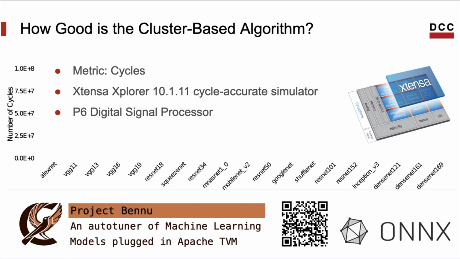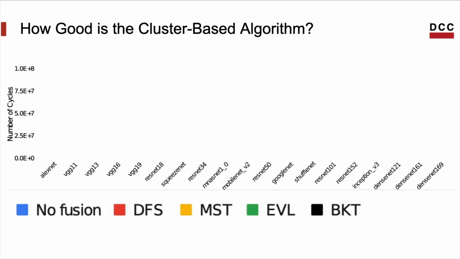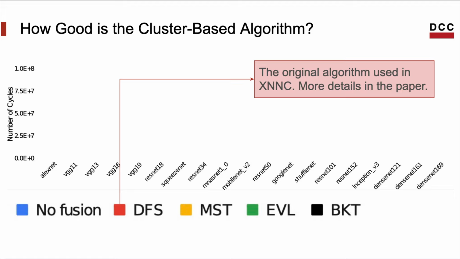We can choose different processors with the Xtensa simulator, and I shall be showing some numbers for the P6 DSP. And I will be comparing 5 approaches to kernel fusion, including no fusion, which amounts to no optimization. The other algorithms are DFS, which is the original algorithm used in XNNC.